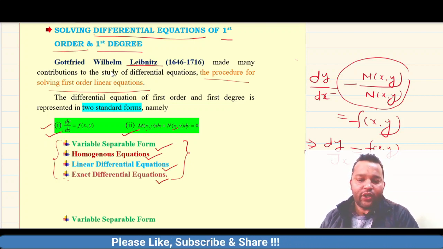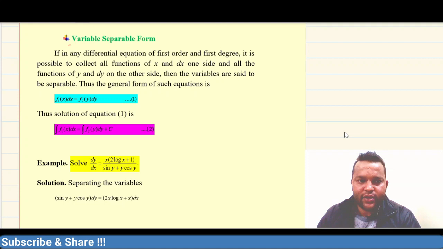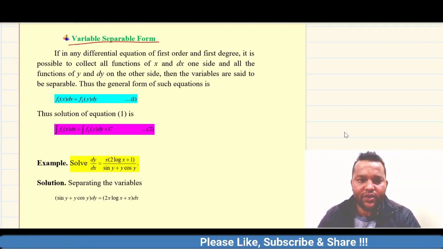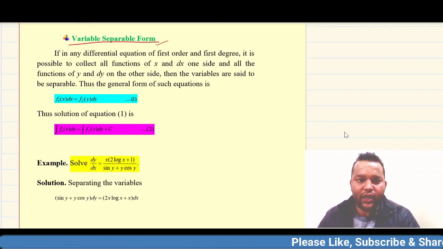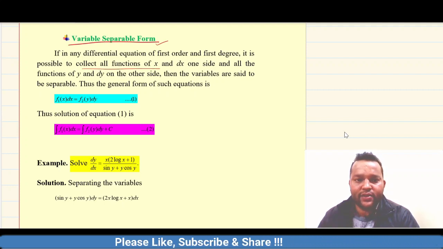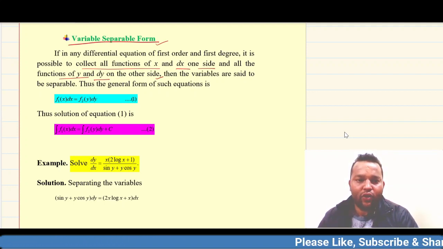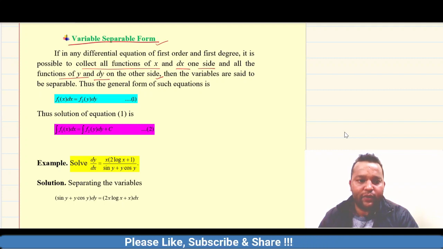Variable separable form is actually a method by which a first order and first degree differential equation can be solved. If it is possible in the given differential equation to collect all the functions of x along with dx on one side and all the functions of y along with dy on the other side, then this form is said to be variable separable form.